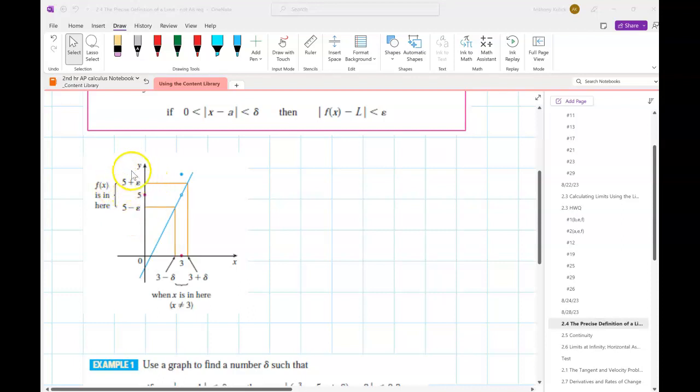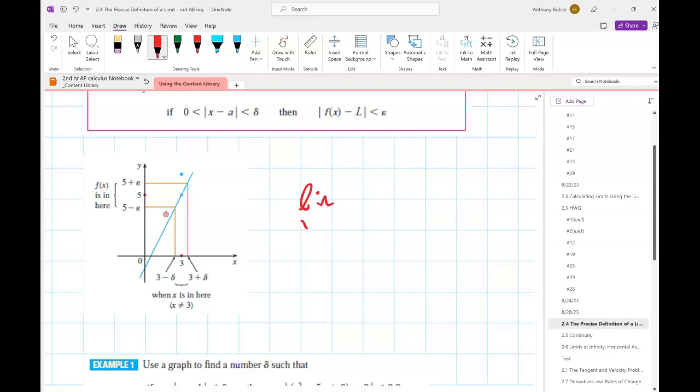So like if we look at a picture, if this is our function f of x, epsilon is our distance between f of x and the limit. So if I look at this problem, this is the limit, what do we have here? Limit as x approaches 3 of f of x is equal to 5, right? So this distance in here is like your epsilon.